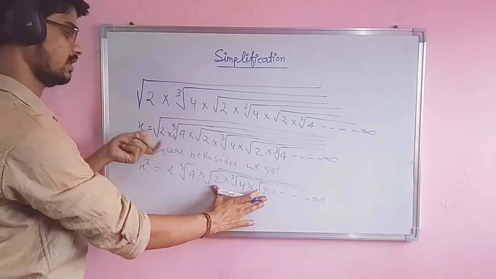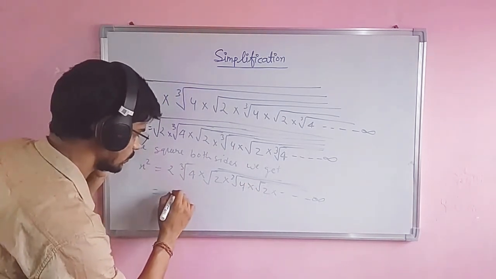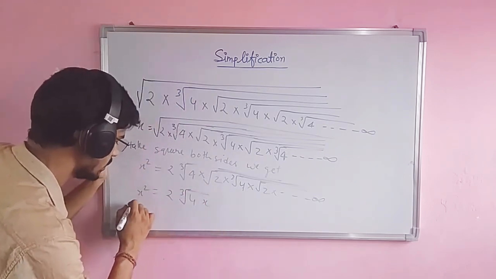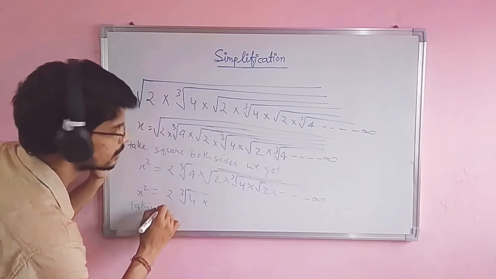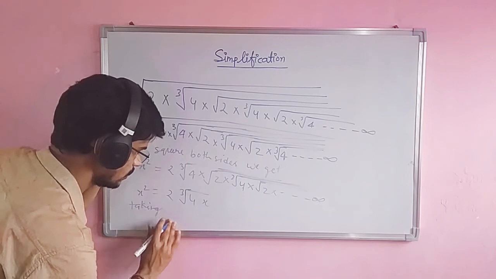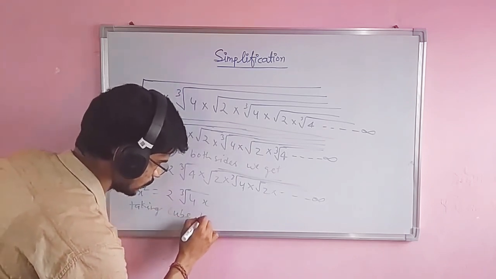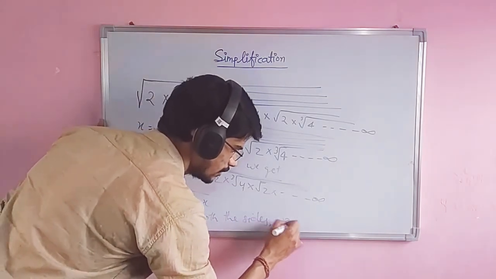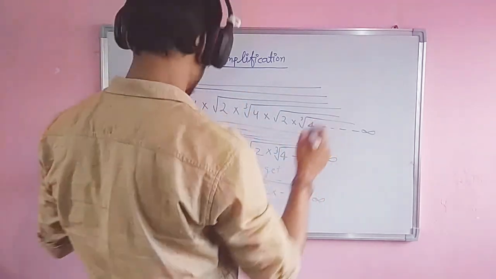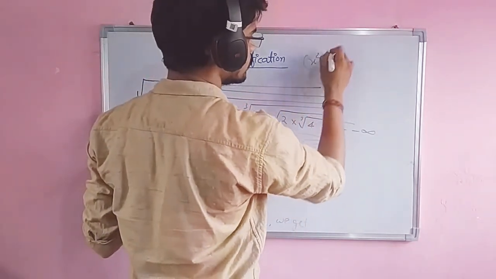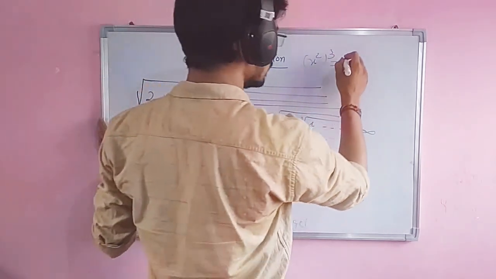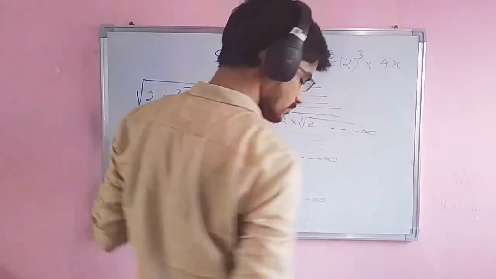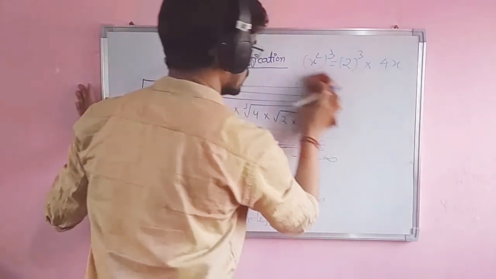This part is the x, so x square is 2 times cube root of 4x. Now taking cube on both sides, we get x square to the power 3 is equal to 2's cube multiplied by 4x.